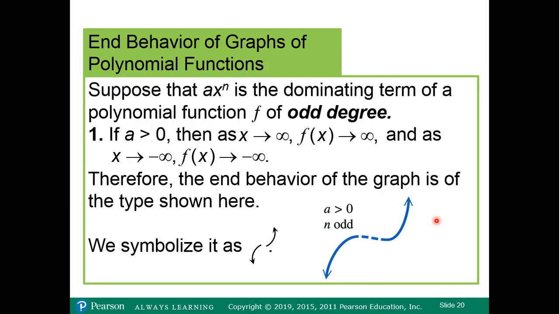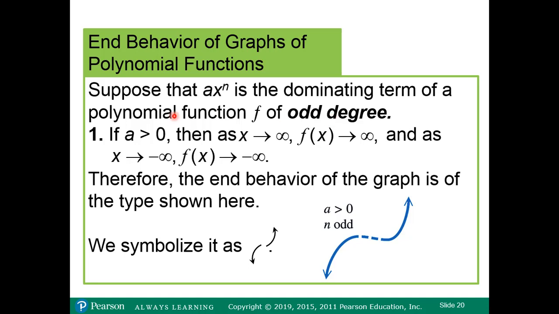Now, look at all of the things we can do. So we can take all of these characteristics and put them together. Suppose that ax to the n is the dominating term of a polynomial function f of odd degree.